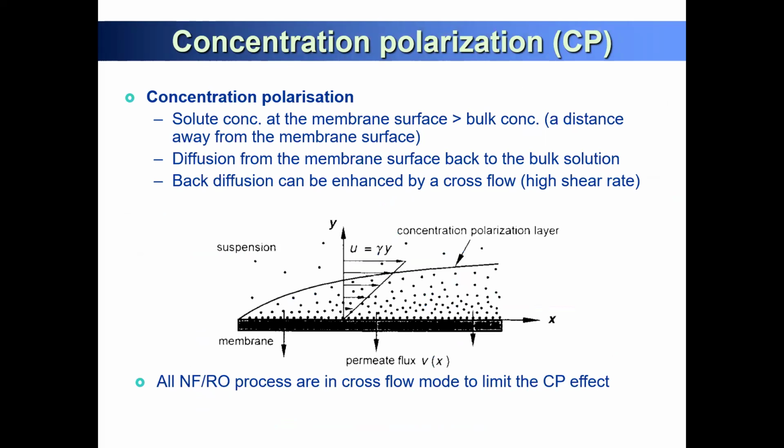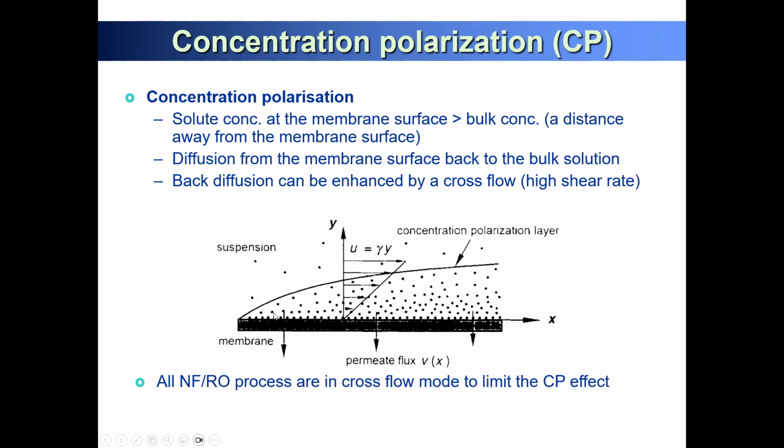Osmotic pressure is 37 bar in seawater. But what happens is you have concentration polarization. The salt concentration at the membrane surface is higher than in the bulk. So you have seawater at 28 bar osmotic pressure, with a concentration of 3.5%.